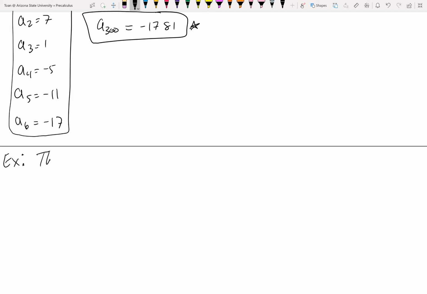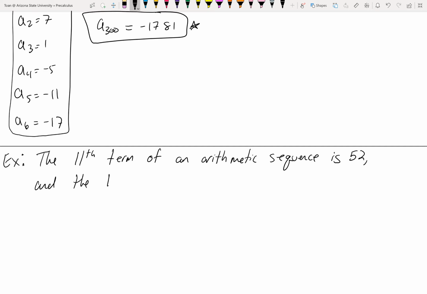Suppose they told you that the 11th term of an arithmetic sequence is 52. And the 19th term is 92. Find the 1000th term.